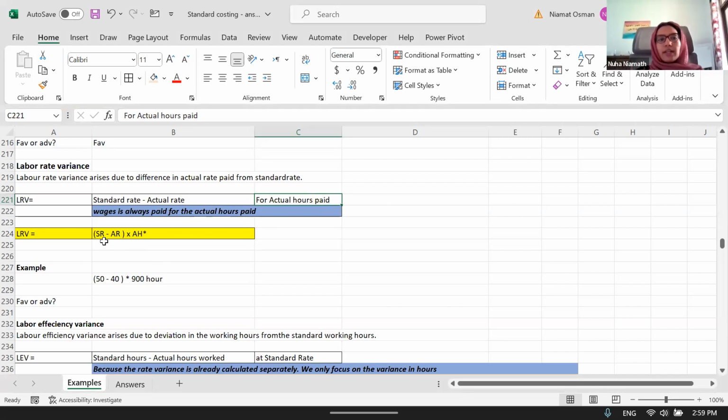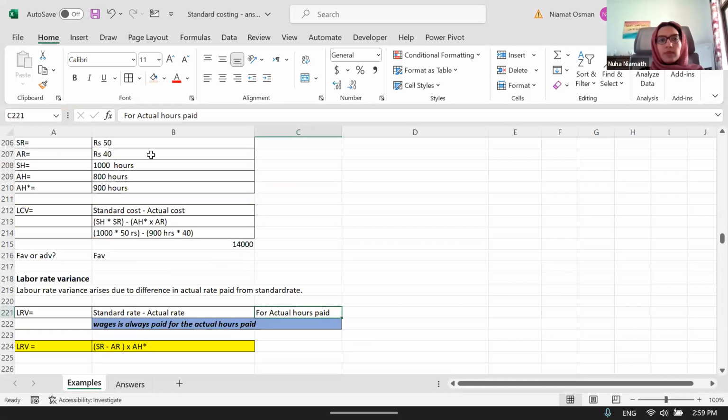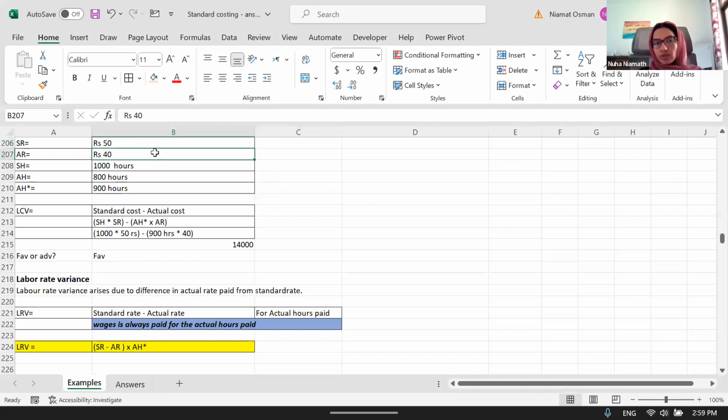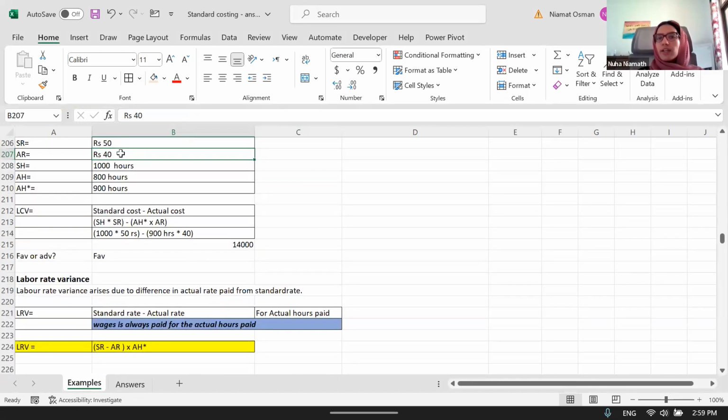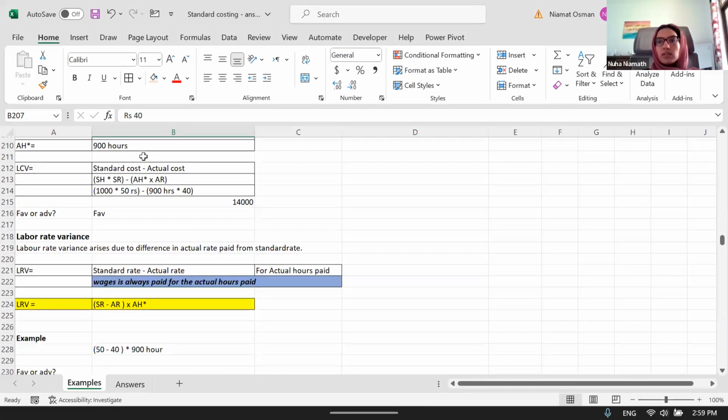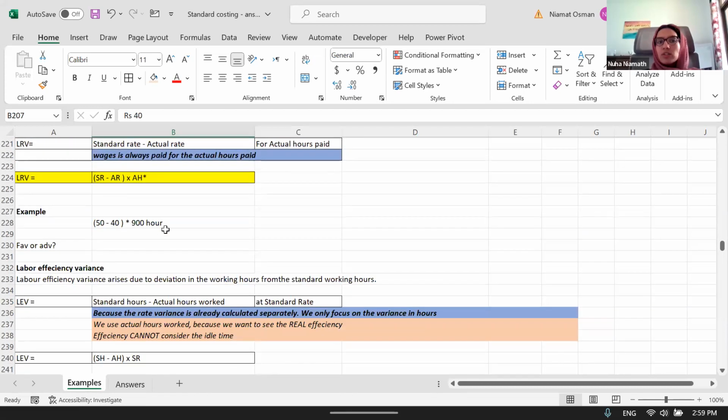So standard rate minus AR into AH star: 50 minus 40, we have 50 as a standard rate, actual rate is 40, into 900 hours. So there's a rate variance of 10 rupees. We have paid them 10 rupees lesser. So there is a benefit there, right? So 10 rupees into 900, which is 9,000 rupees, which is definitely favorable for us because we have paid lesser.